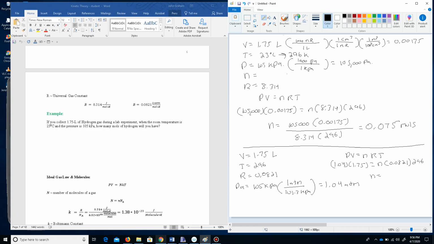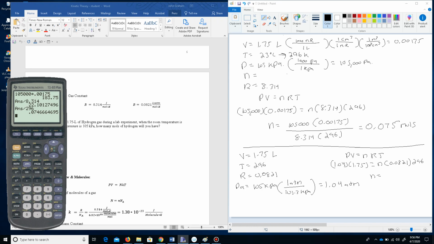And so if I plug that into a calculator, 1.04 times 1.75 divided by 0.0821 and then divided by 296, and you get the exact same 0.075.